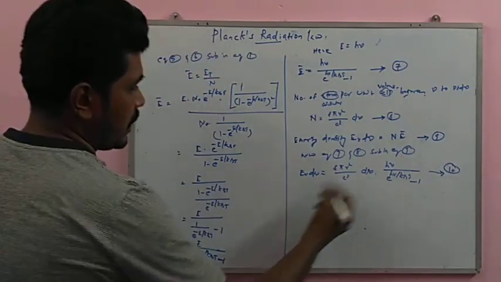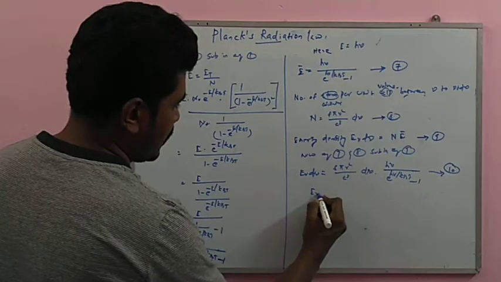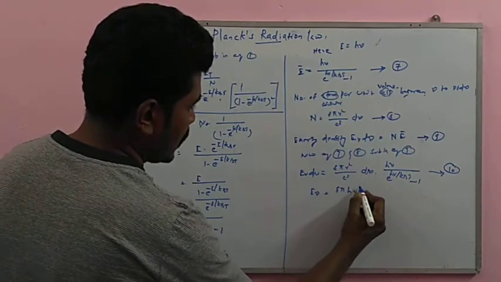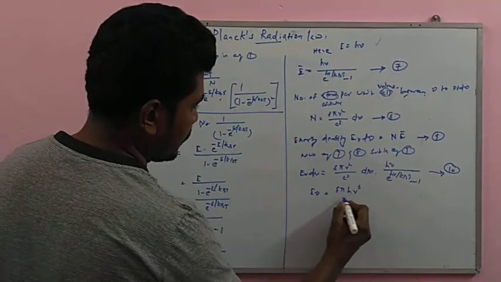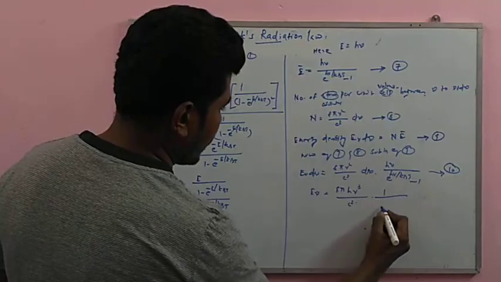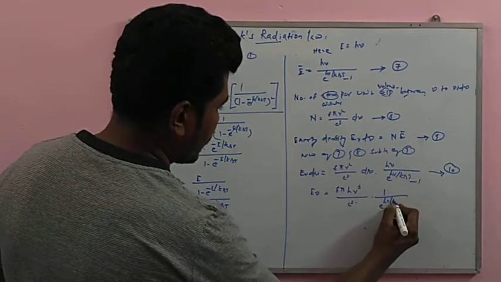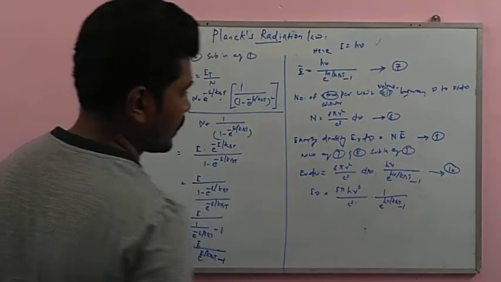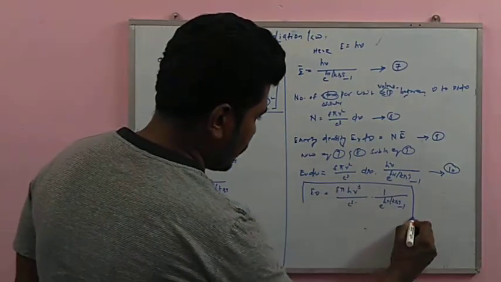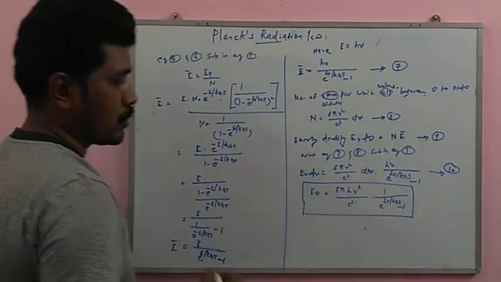Then the answer is E mu is equal to 8 pi h mu cube divided by c cube into 1 divided by e power h mu divided by kBT minus 1.